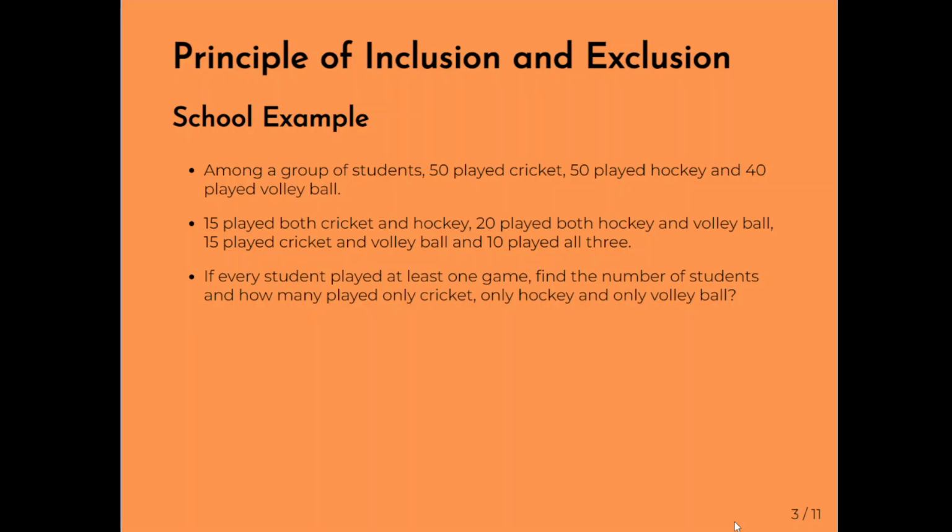Among a group of students, 50 play cricket, 50 play hockey, and 40 play volleyball. 15 students play both cricket and hockey, 20 play both hockey and volleyball, 15 play cricket and volleyball, and 10 play all three. If every student played at least one game, find the total number of students and find out how many only played cricket, only hockey, and only volleyball.